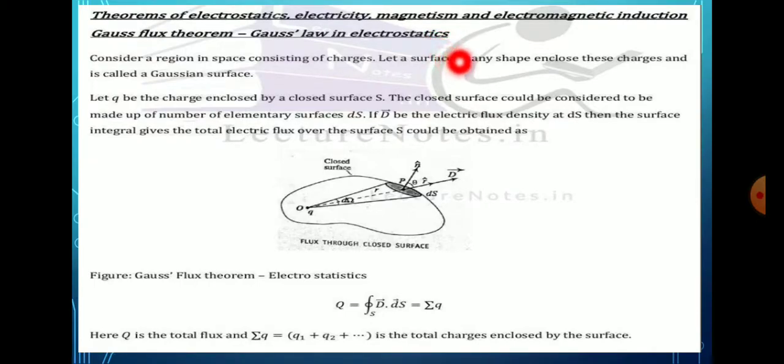Third, the magnetic force between two poles is directly proportional to the pole strength and inversely proportional to the square of the distance between them. These are the basics of electrostatics and magnetism.